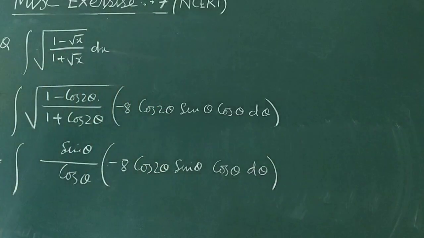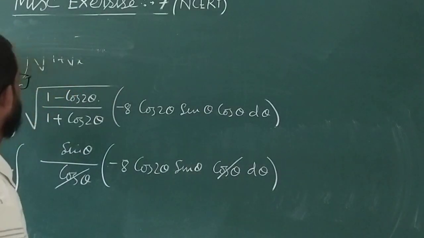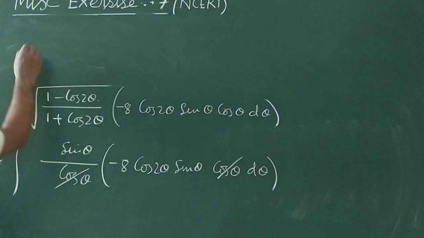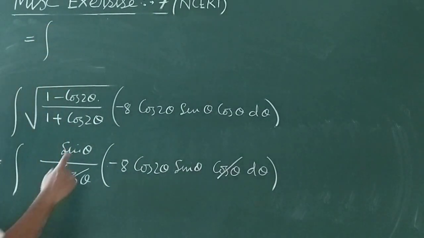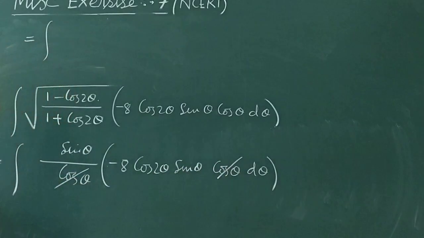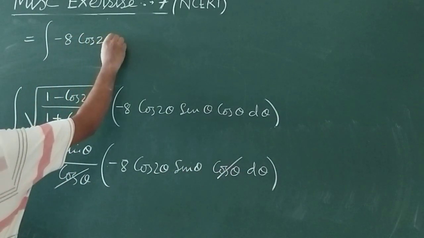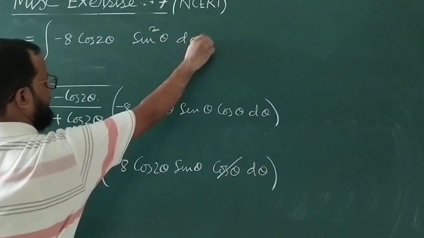So I hope you are understanding. आपको समझ में आ रहा है. cos theta and cos theta will cancel. So your integral becomes, finally multiply sin theta into sin theta, sin square theta, minus 8 cos 2 theta into sin square theta d theta.